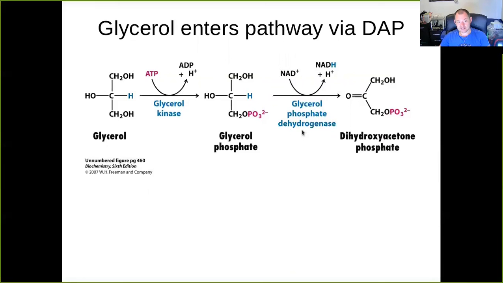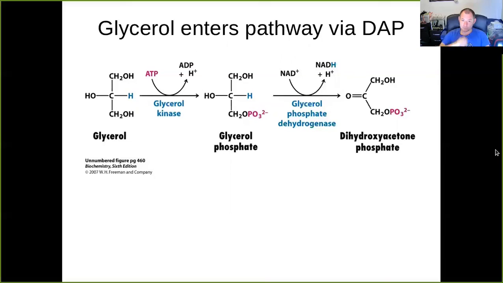Glycerol phosphate dehydrogenase gets involved. Here glycerol kinase is the enzyme that causes this reaction to take place. Here glycerol phosphate dehydrogenase causes this reaction to take place. And then here at the end, we have dihydroxyacetone phosphate.